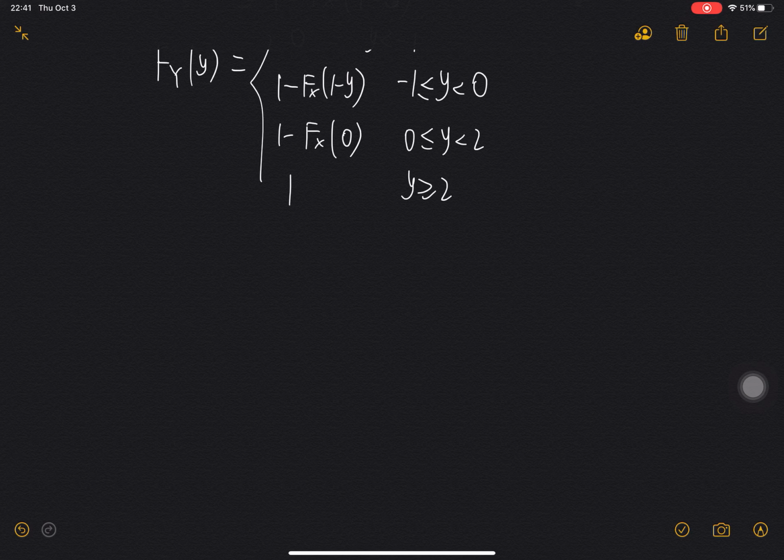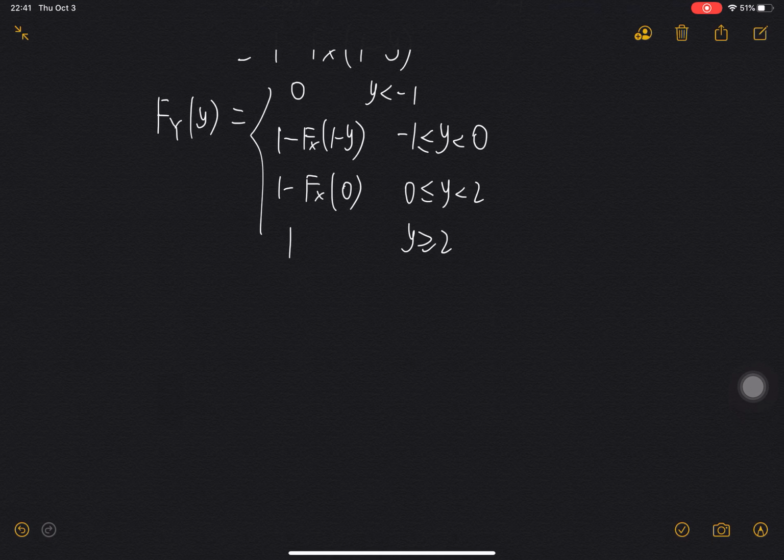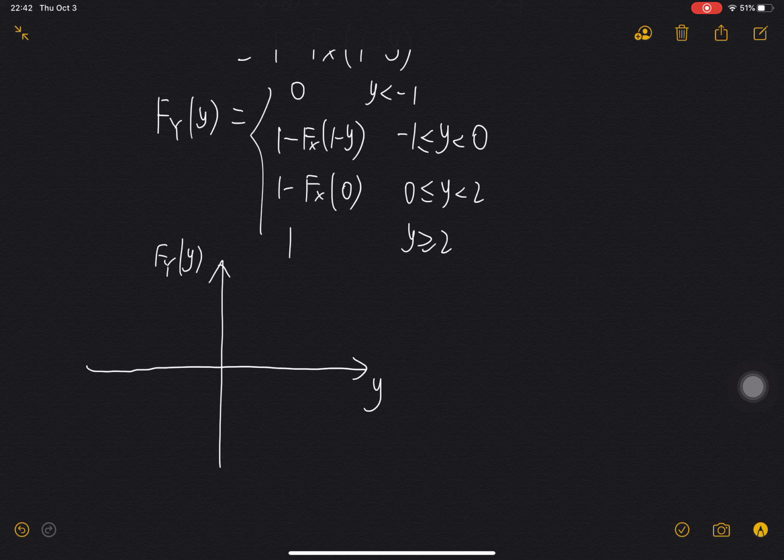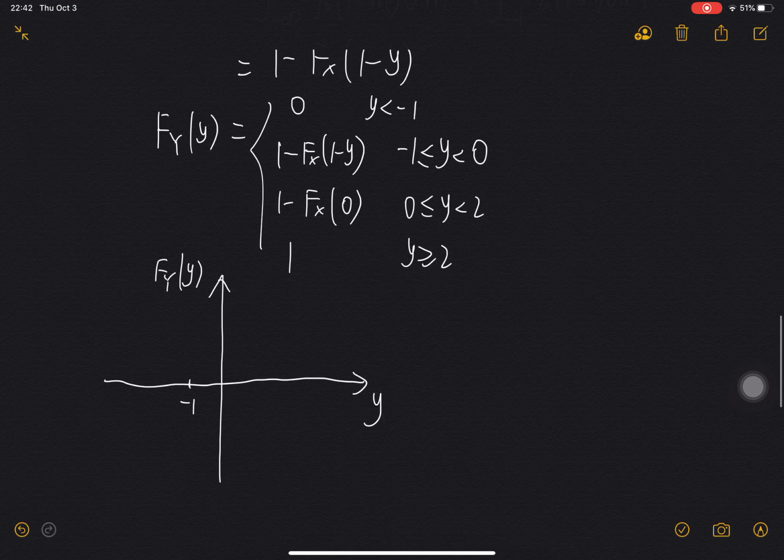So let's do it. The first part, let's draw the density function because it's close to us right now. Okay. Density function, this is y, from minus 1. From minus 1, the value is 0, so it's like this. Okay.